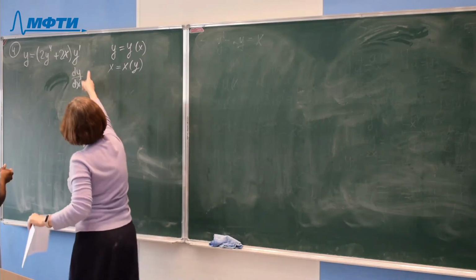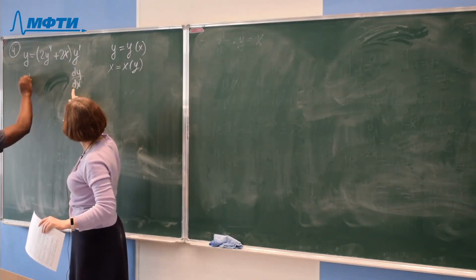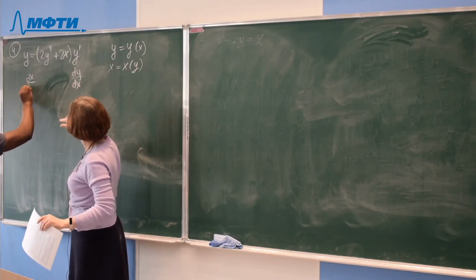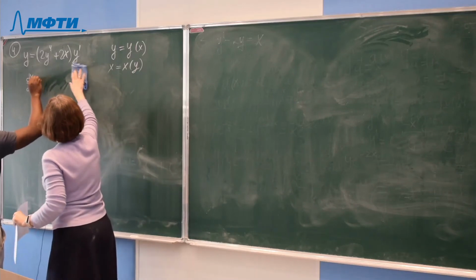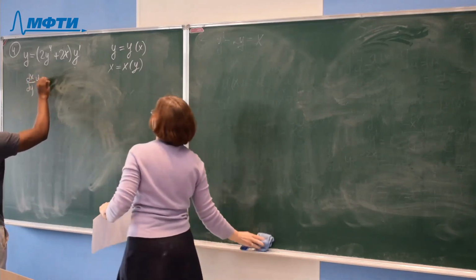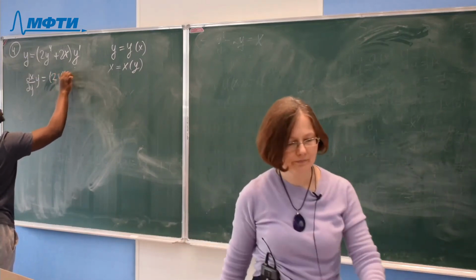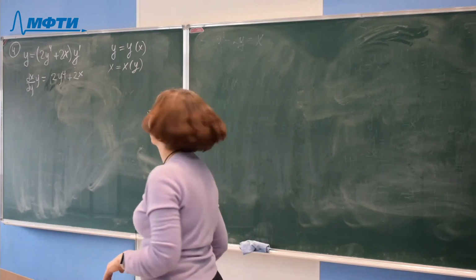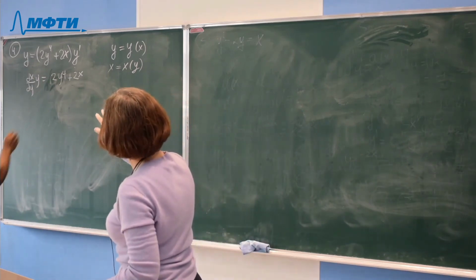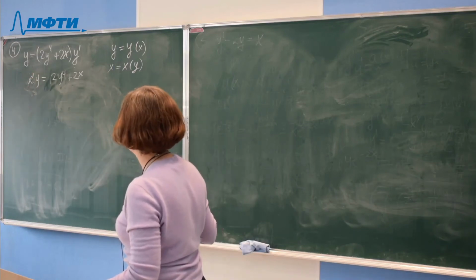Next, move this to the left hand side. To do this, we should multiply by dx and divide by dy, times y, right? Now x can be considered as a function of y. It is x prime, right?